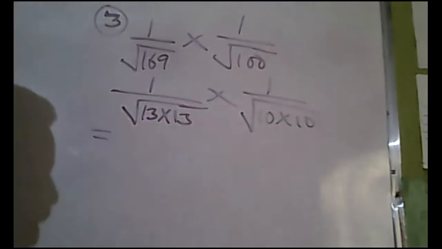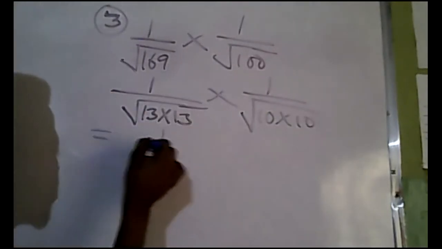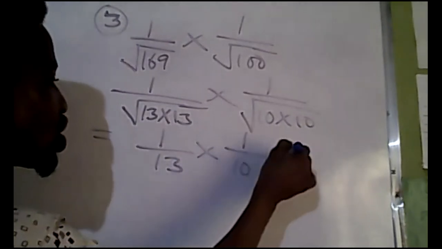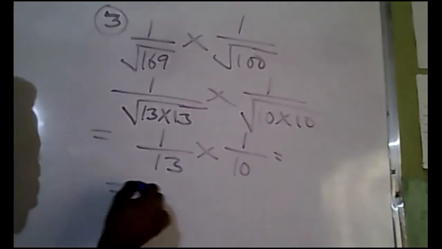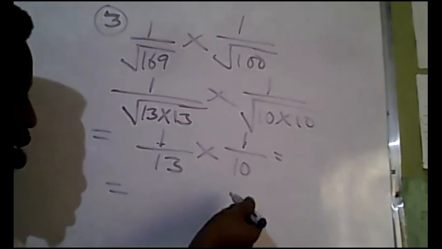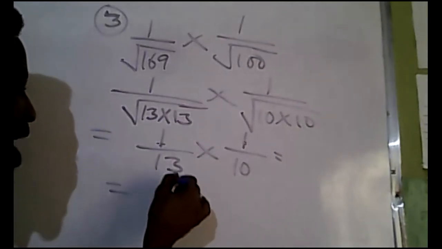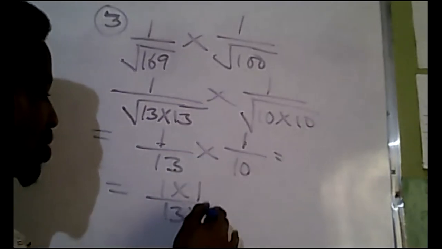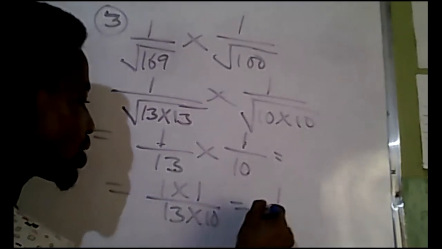So what we're going to have is 1 over 13 times 1 over 10. You multiply the numerators separately over the denominators: 1 times 1 over 13 times 10. 1 times 1 is 1.